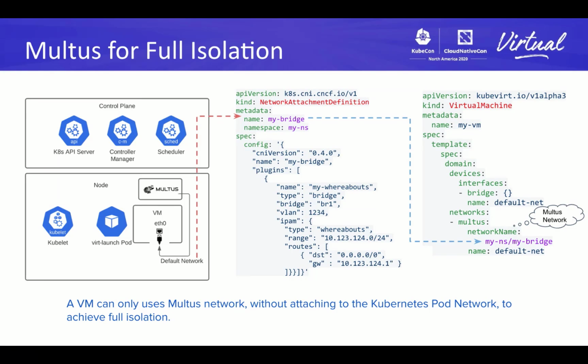So any network traffic from the Kubernetes pod network will not reach the VM. This ensures that the VM is in full isolation in its own VLANs. It also saves the IP address from the pod network, so it's also efficient. We are going to see both configurations used in different use cases in Gardener.